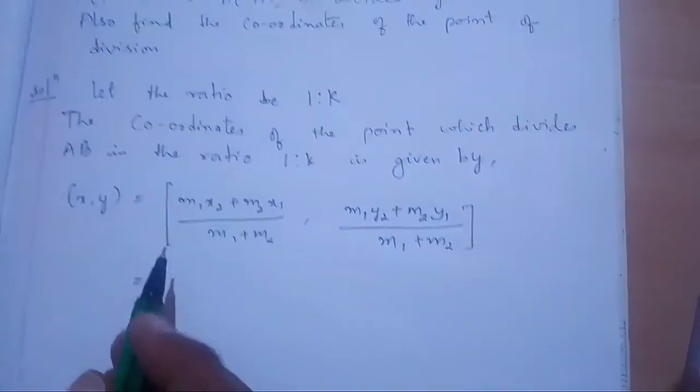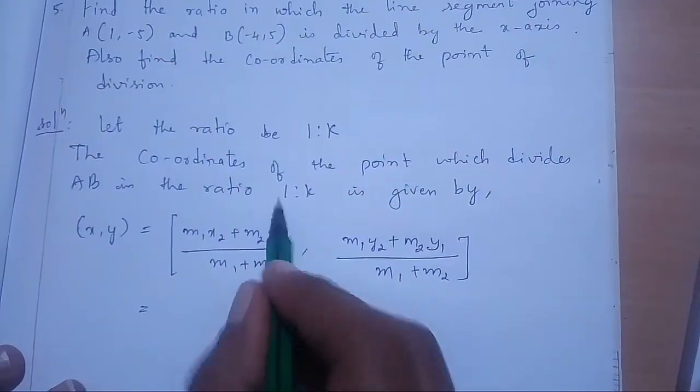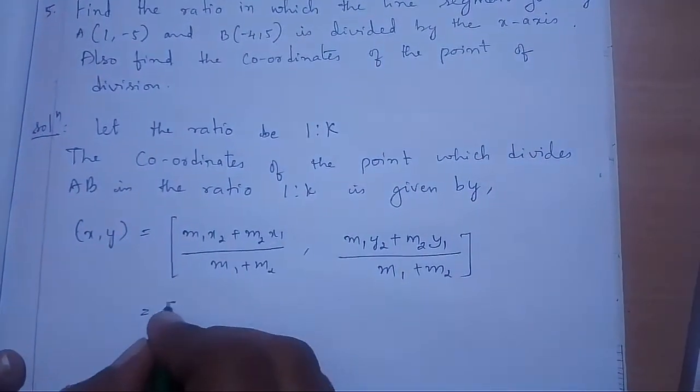Okay. Here the value of m1 is 1 and the value of m2 is k. So substitute that value.